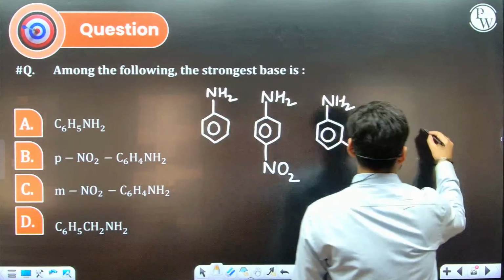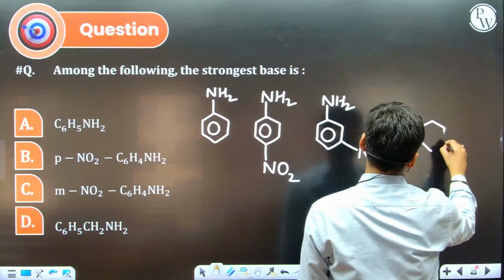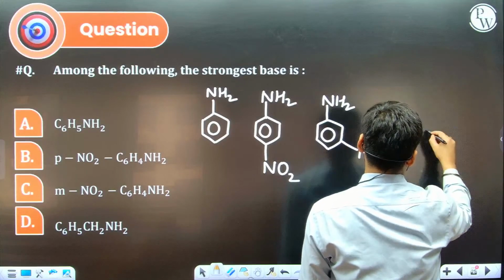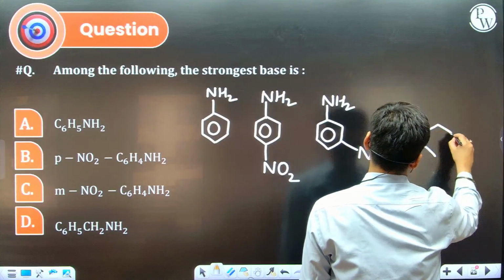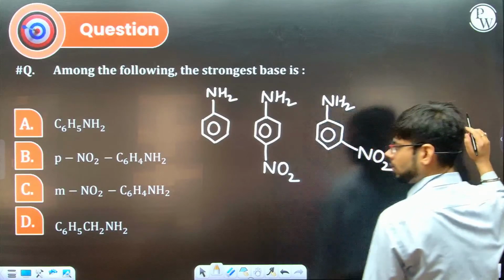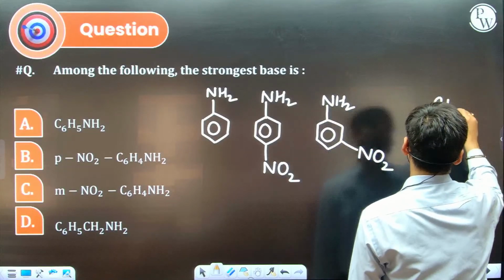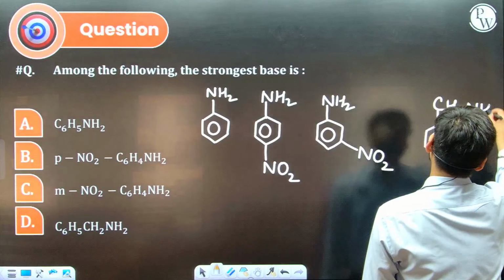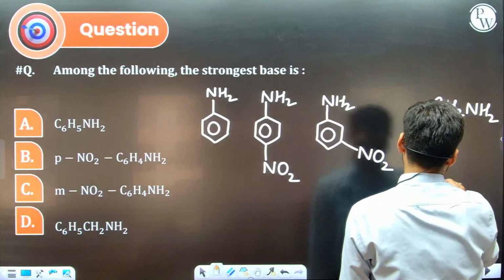And this is benzylamine. This is called benzylamine.